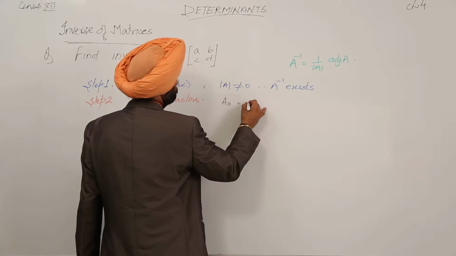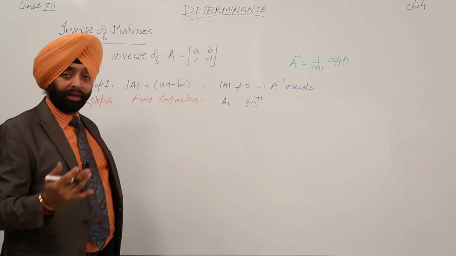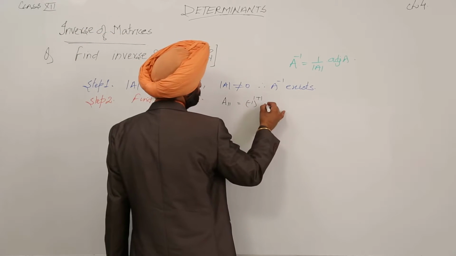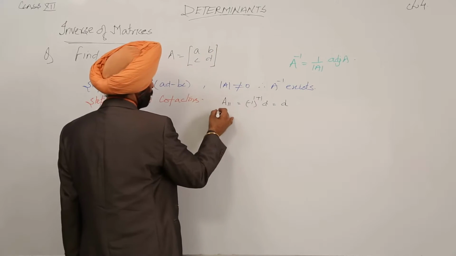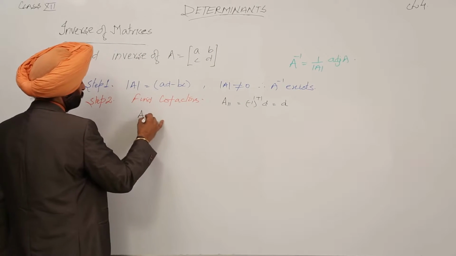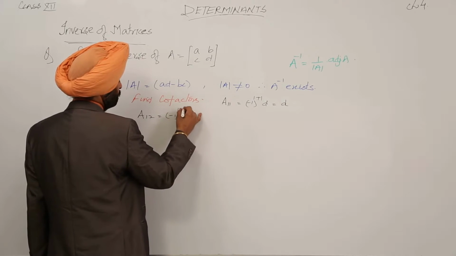A11 is equal to minus 1 raised to power 1 plus 1, and the minor for A11 is D. So this is equal to D. A12 is equal to minus 1 raised to power 1 plus 2.